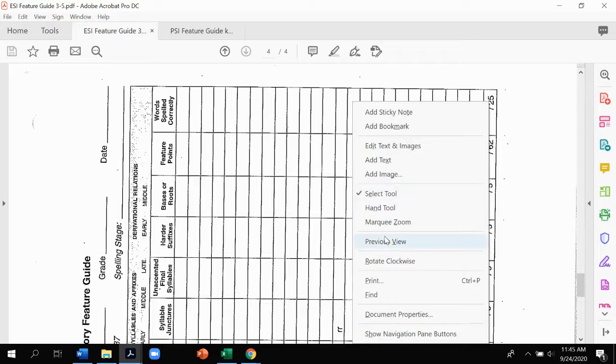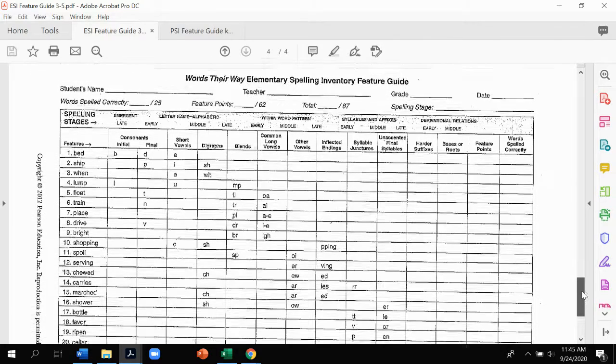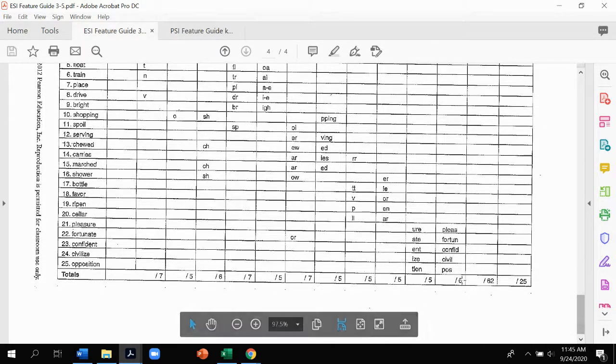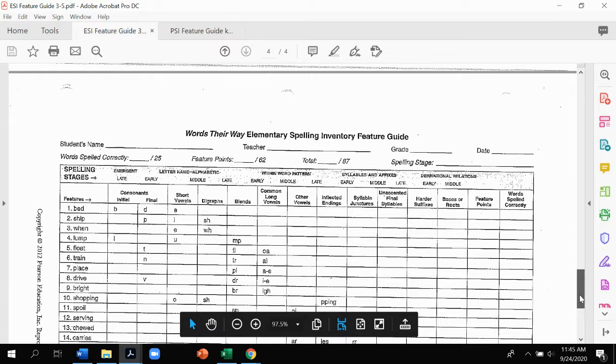The feature guide looks similar, but includes the upper elementary level words. You'll notice the spelling stages are here. All the data points are added up and totaled around here at the bottom. Then we mark the spelling stage and all the totals at the top to identify where that student needs to begin instruction.